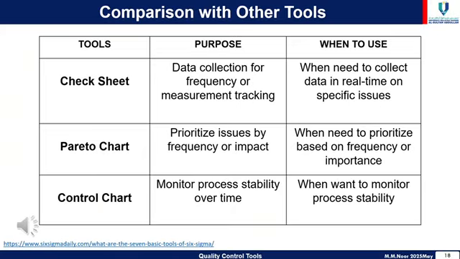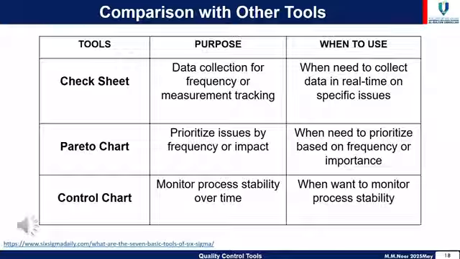Next part is comparison of the check sheet with other tools. In the table, there are 3 tools in Six Sigma. Firstly is check sheet, second is Pareto chart, third is control chart. Okay, firstly, the check sheet. The purpose of the check sheet is data collection for frequency or measurement tracking.